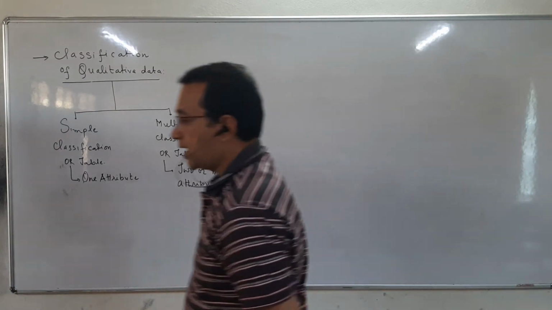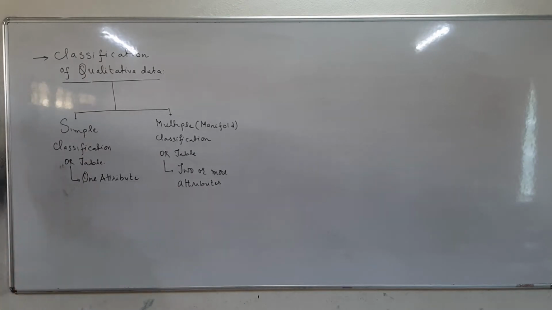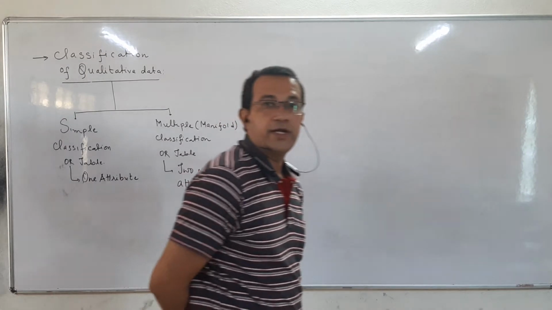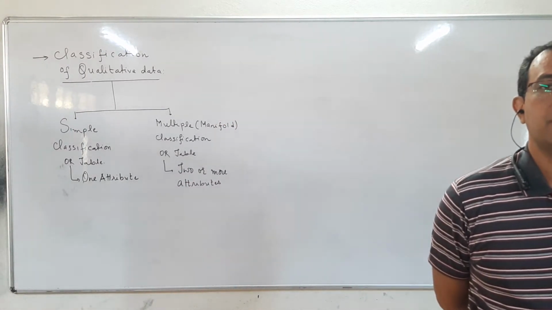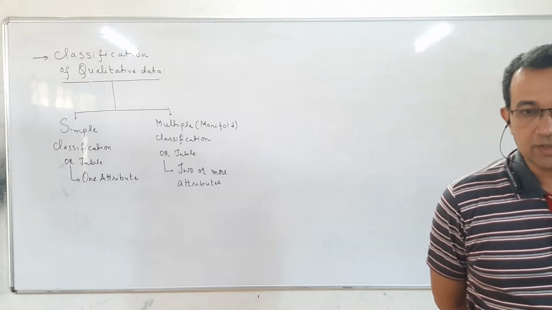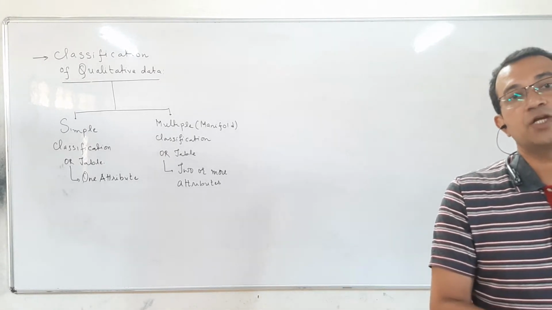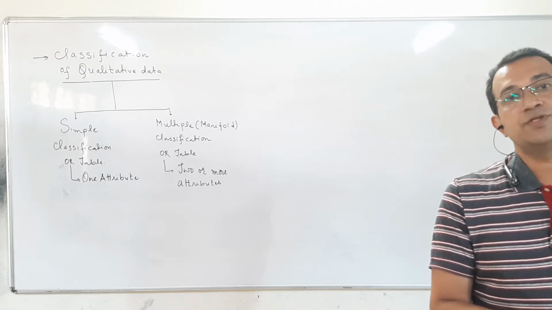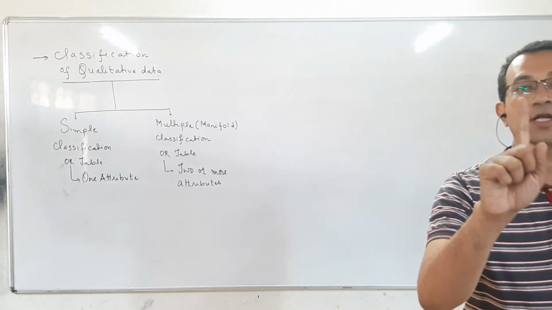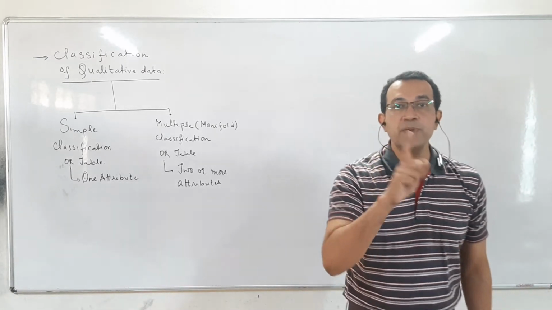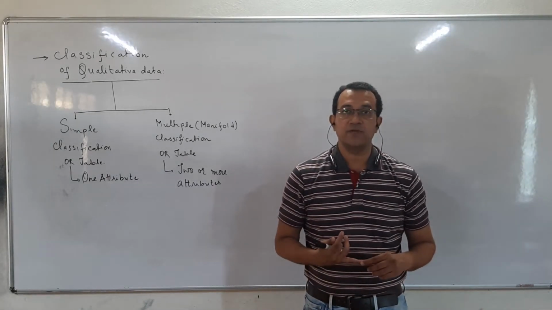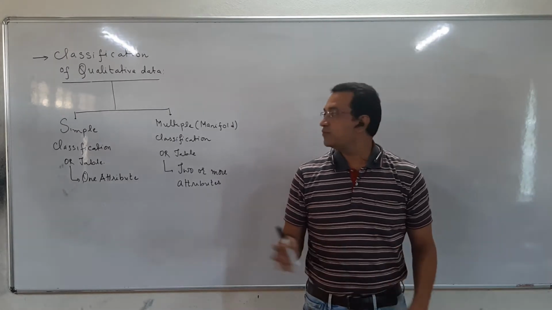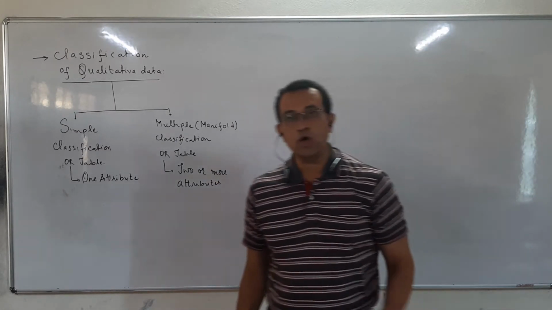There are two types: simple classification, based on only one attribute or characteristic, and multiple or manifold classification, based on two or more attributes.